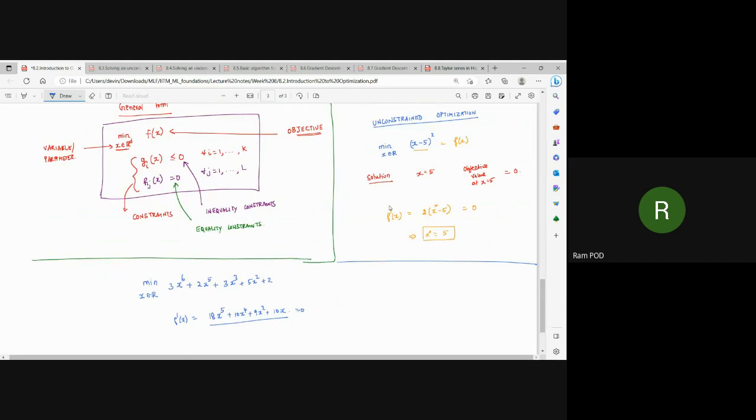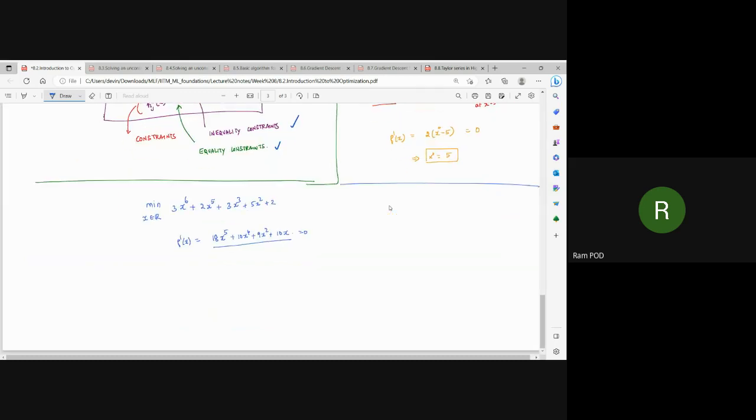The variable or parameter has to satisfy these conditions. If an optimization problem does not have any constraints, it is called an unconstrained optimization problem.